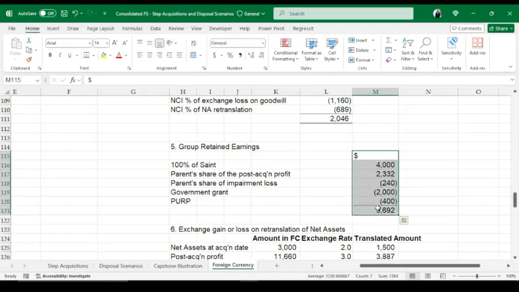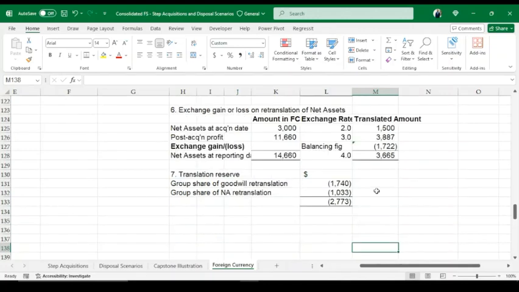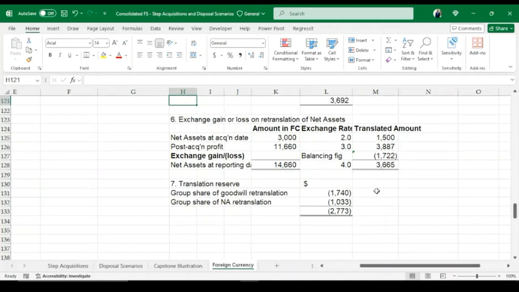Let me cut this also and paste it here. So that is it for our translation reserve and the exchange gains or losses. These are the main focus of this particular video, so make sure you understand whatever I am doing here. That is all we have for now.